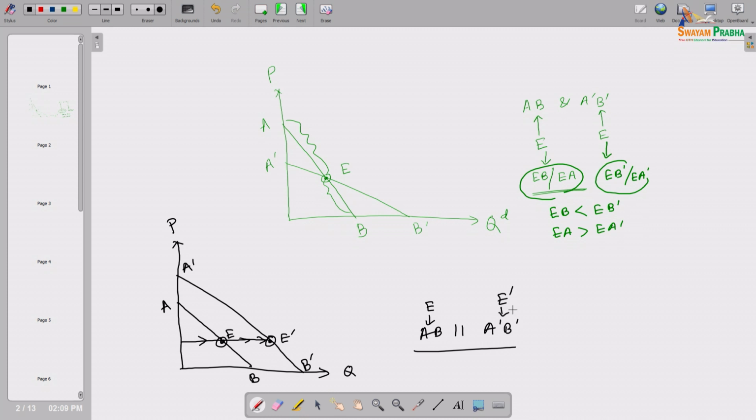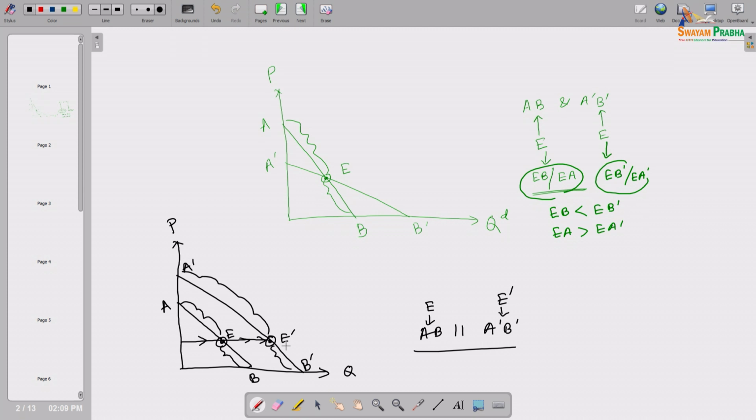Clearly, elasticity of demand at E point is larger. Why? Because at E point, elasticity of demand is EB by EA, and at E prime point it will be E prime B prime by E prime A prime.